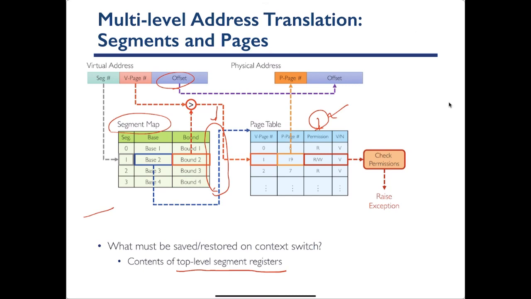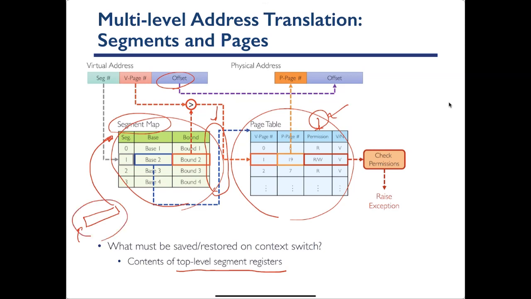If in your design you don't have registers and you're saving it in memory, then you probably have to have a register that points to this segment map. Then the content of this register you have to save, and that's pretty much it, because this page table is in memory. If this segment table is also in memory, then all you need to save is this particular register that points to this segment map.